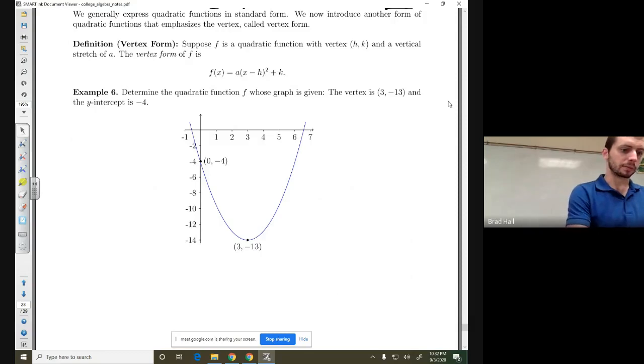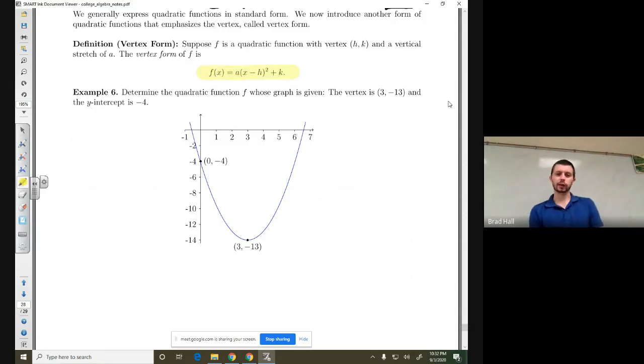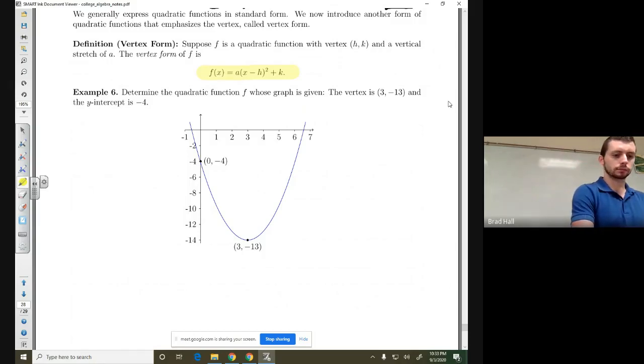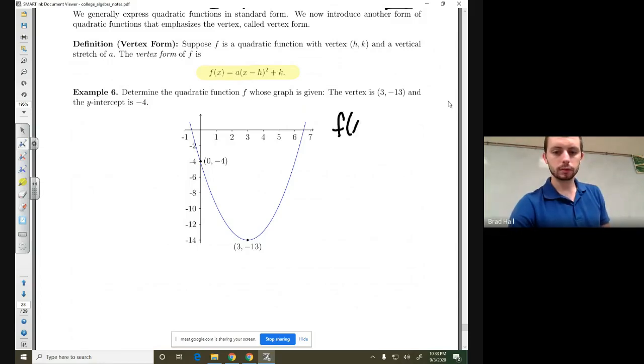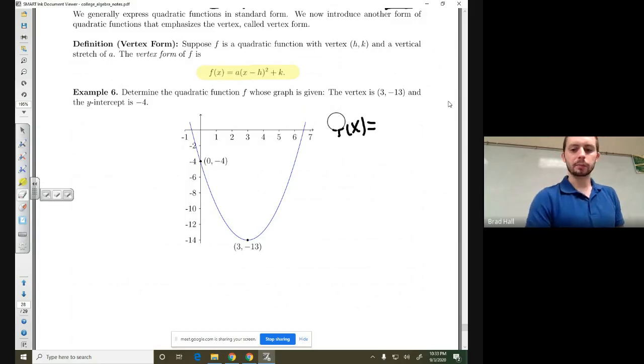And so that form in particular is, as I just highlighted, a times x minus h squared plus k. And the h and k represent the x-coordinate and the y-coordinate of the vertex, respectively. So if you know the vertex, you can build the function. So for example 6, let me write this at the bottom.